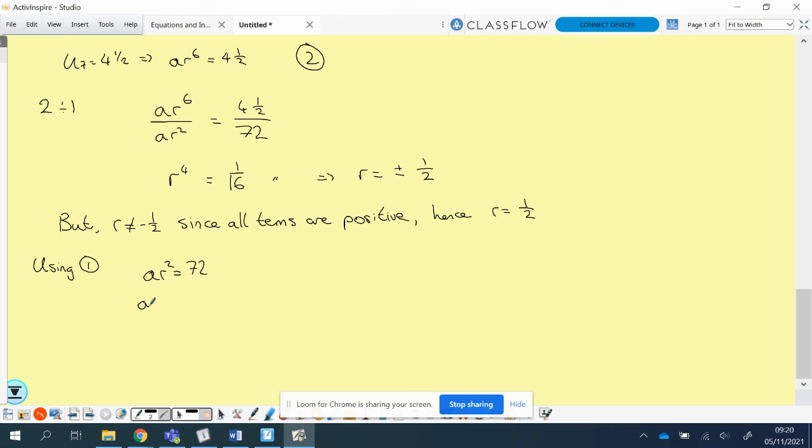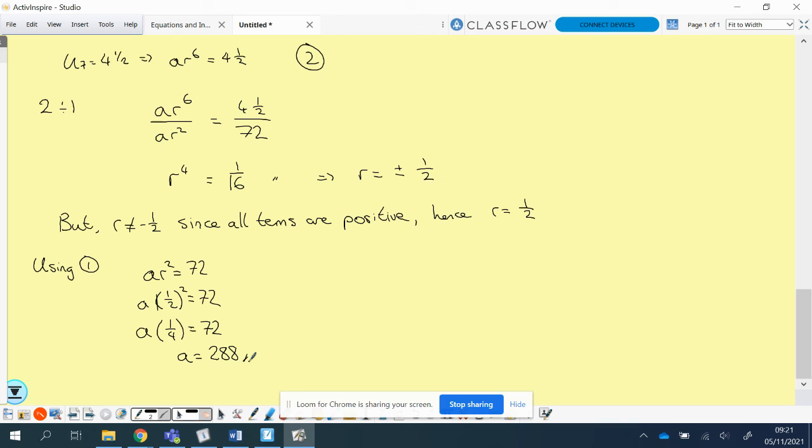So a multiplied by a half squared equals 72. If you square a half, you get a quarter, so a times a quarter equals 72. If you times both sides by 4, the value of a comes out to be 288.